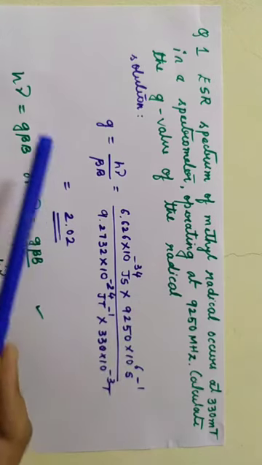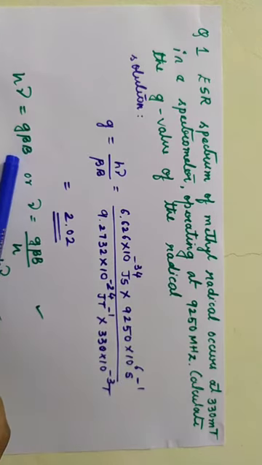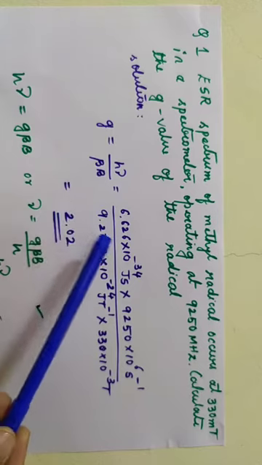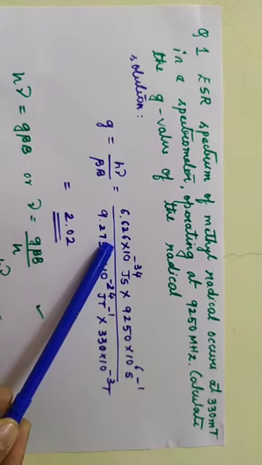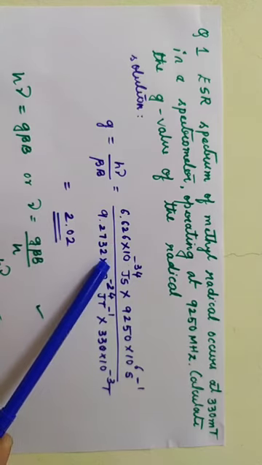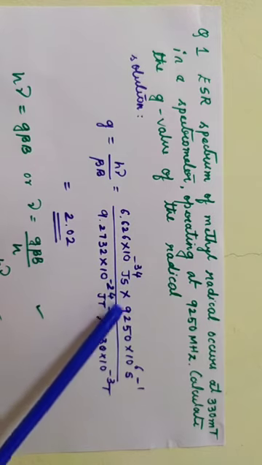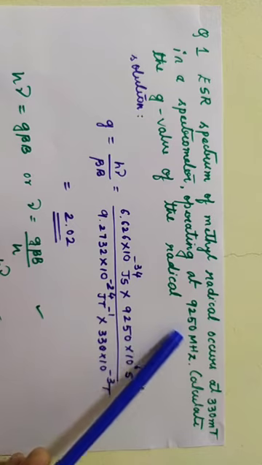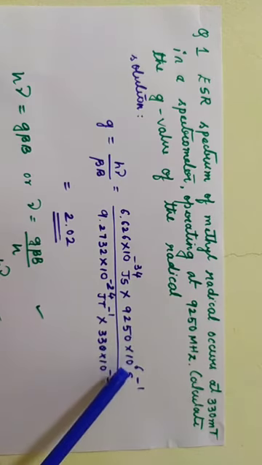So hν = gβB is the expression. We can rearrange the expression as g = hν/βB. h is Planck's constant, that is 6.626 × 10^-34 joule seconds, and frequency is 9250 megahertz, that is × 10^6 per second, measured in terms of second or hertz.